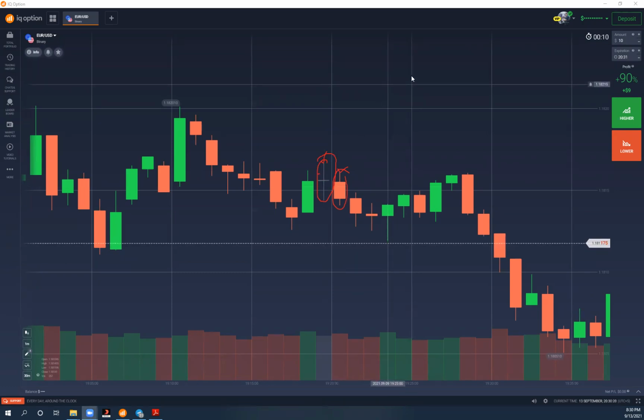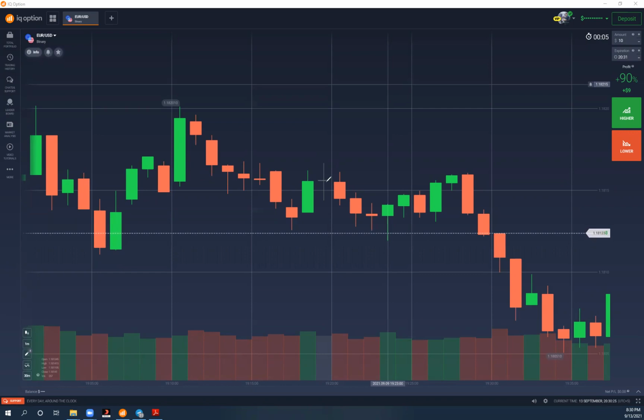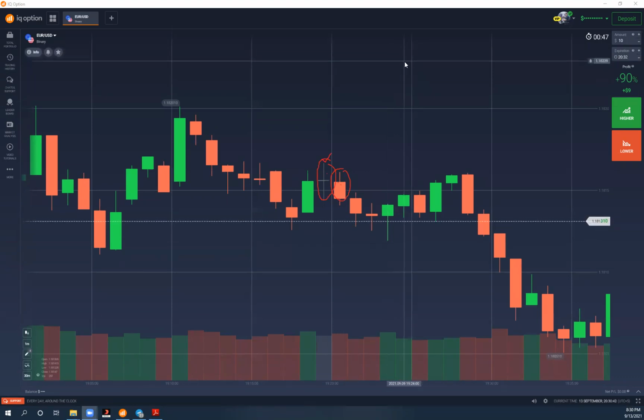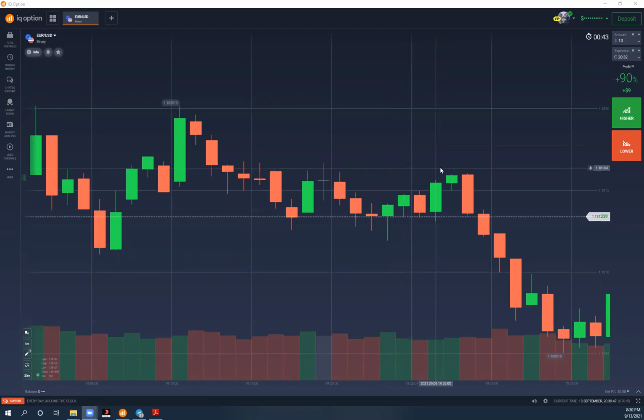Identify the reason why it's a doji. Why are buyers unable to create the candle? After a doji, if you find a seller's candle, then this doji is the buyer's doji. If after a doji you find a buyer candle, this doji is a seller's doji. And then read the reason. If you don't understand, then take a picture and ask me. I will give you the answer. Okay, sir.